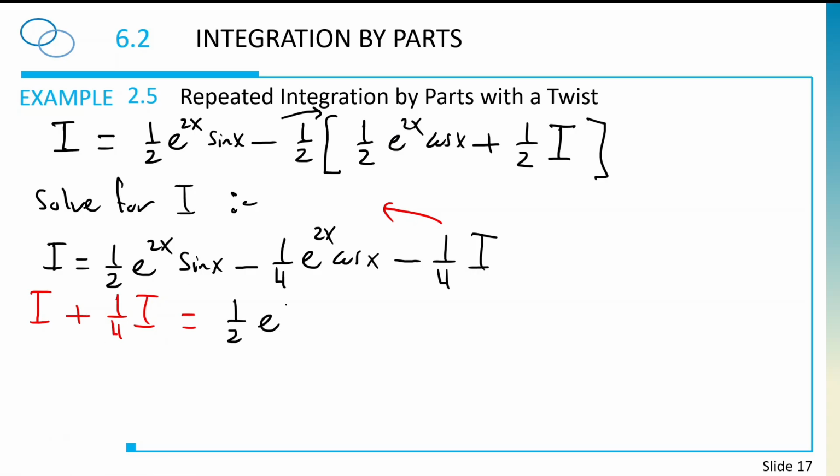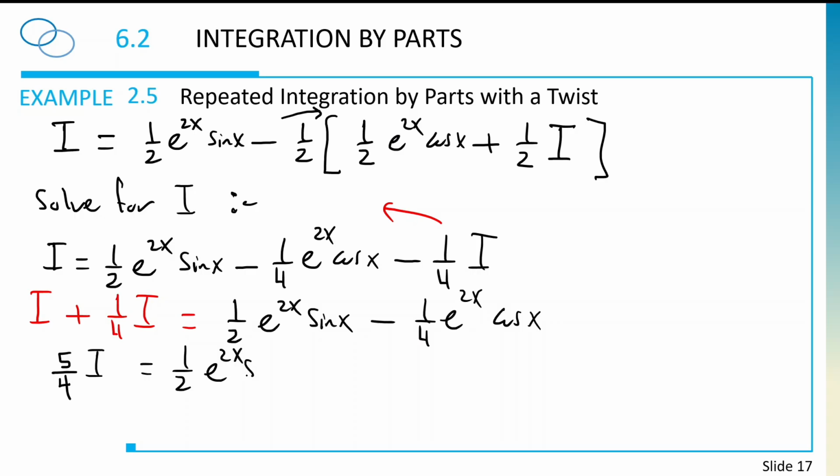Half e to the power of 2x sine x minus 1 over 4 e to the power of 2x cosine of x. Now 1 plus 1 over 4I is equal to what? 5 over 4I. Please do the fractions correctly. If you're unsure, just use your calculator, but don't do it wrong, okay? Now 5 over 4I equals to this.